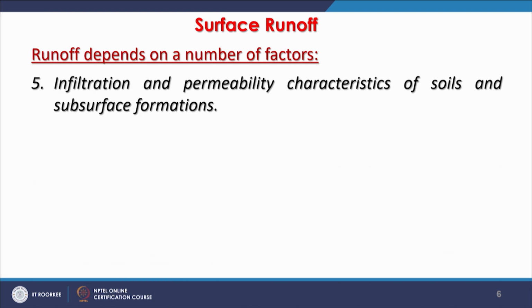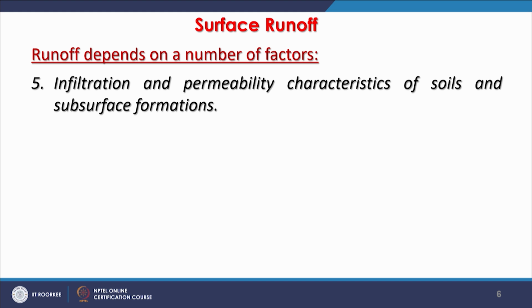Continuing with this, the fifth influencing factor on surface runoff is infiltration and permeability characteristics of soils and subsurface formations. During this course, in earlier discussions, I told you that when I was visiting the Jaisalmer desert area, for 10 or 20 or tens of kilometers, I did not find any culvert or bridge.